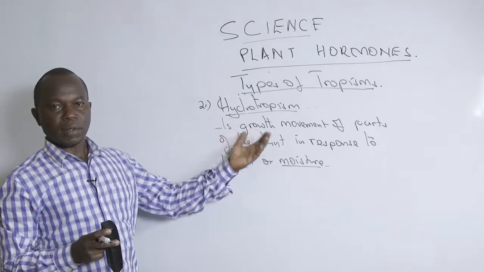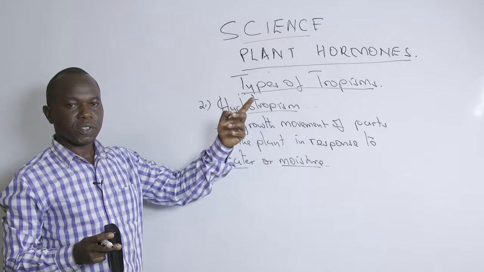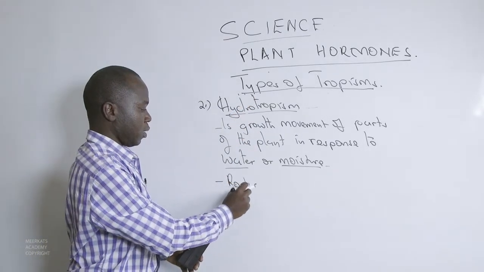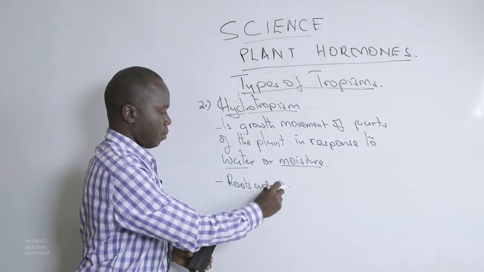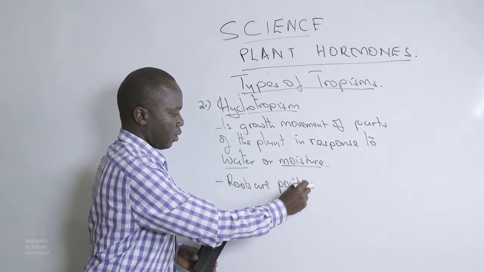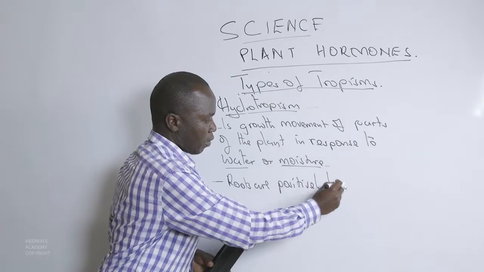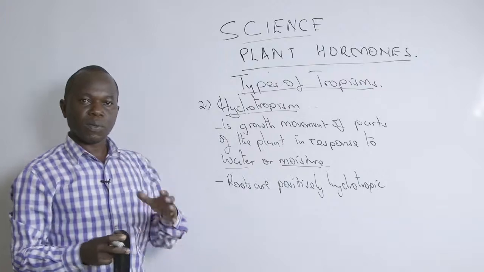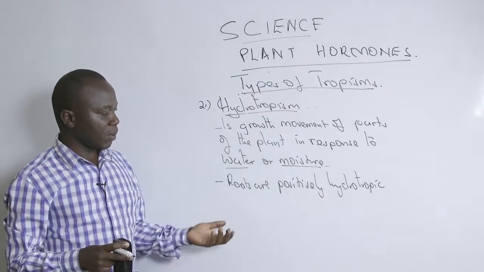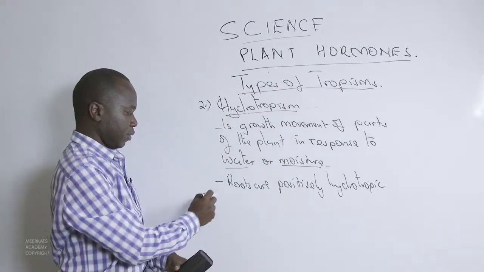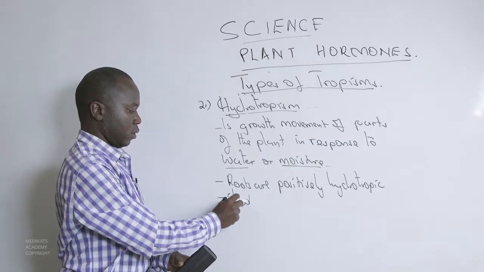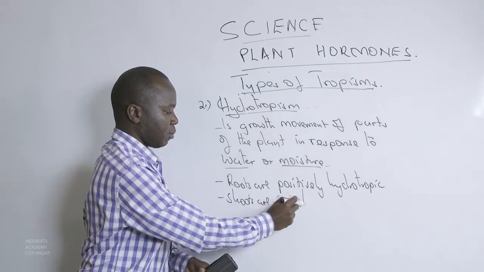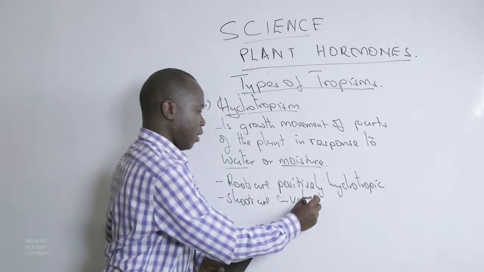So the roots are the ones that are positively hydrotropic. In other words, the roots will grow to where we have water, but the shoots are negatively hydrotropic.